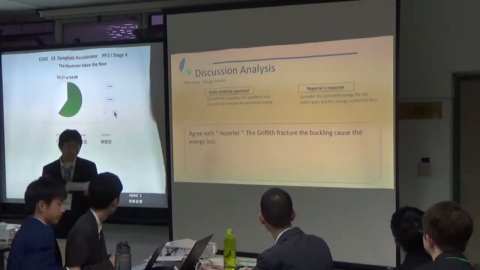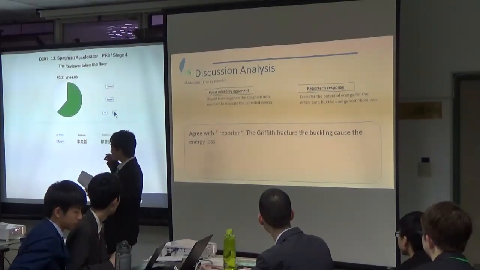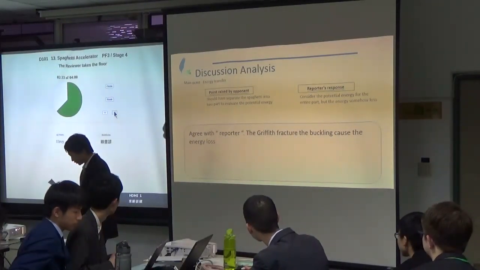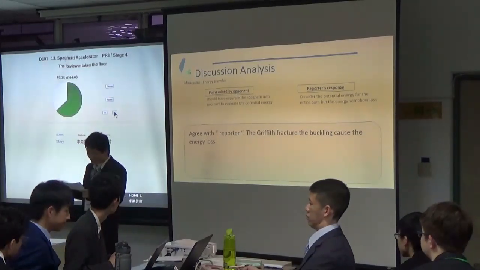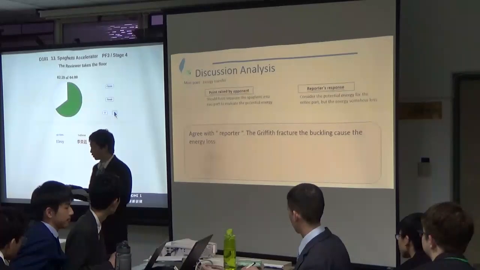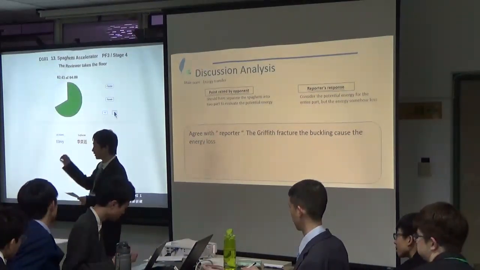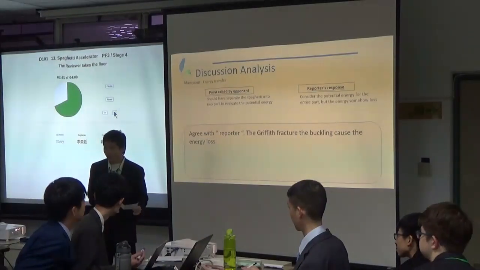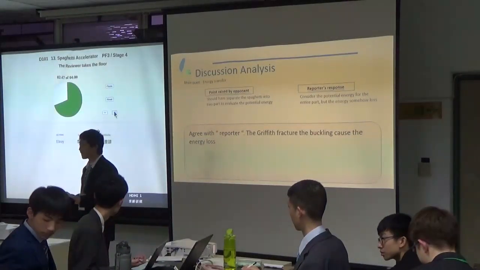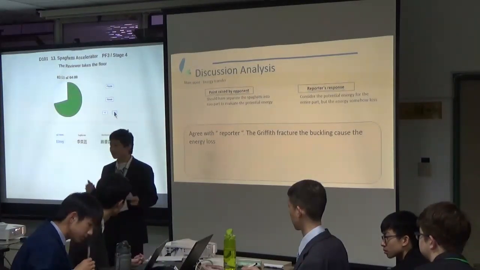In the quick question we asked whether the reporter considered the energy transfer ratio, and they said they considered that. We also asked about the importance of moisture of the spaghetti, and the reporter said that this is really important because it will impact the properties of spaghetti such as the Young's modulus.